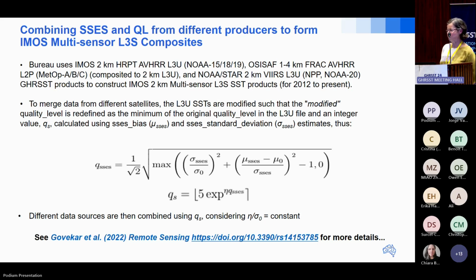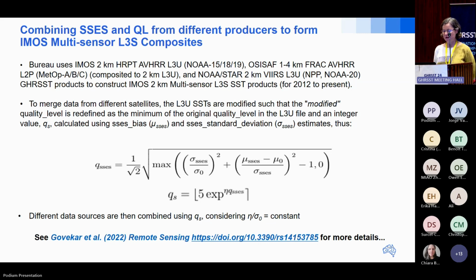We are very interested in how different agencies produce their SSES values and quality levels, because we need to put them into our system so that we can merge them correctly.